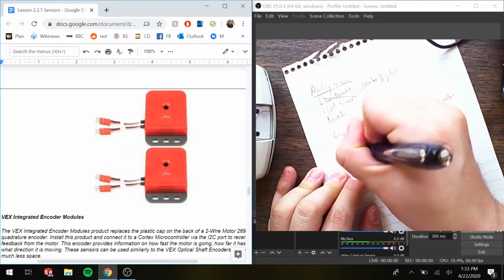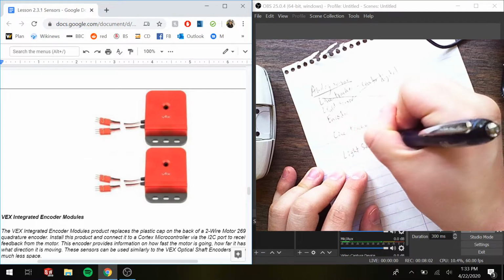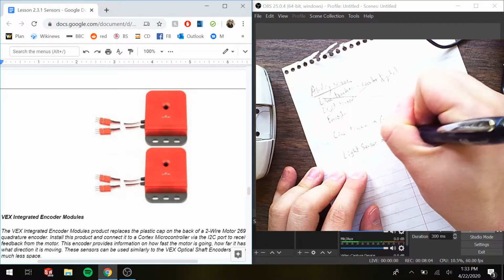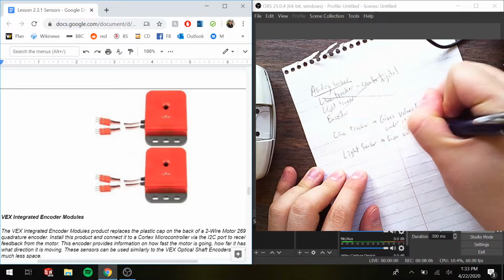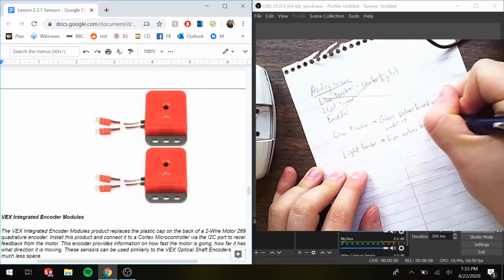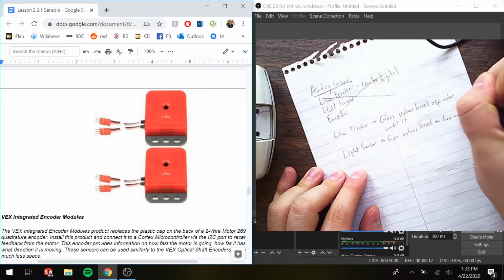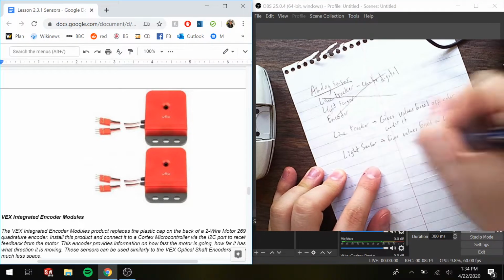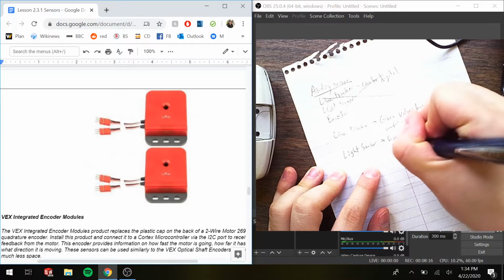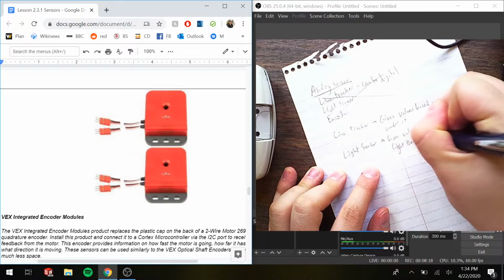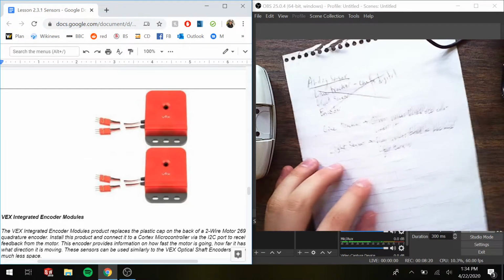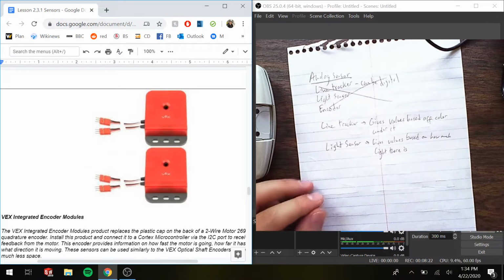A light sensor gives values based on how much light there is, specifically how much light is directly on the sensor.